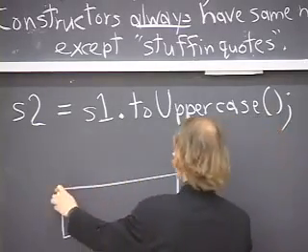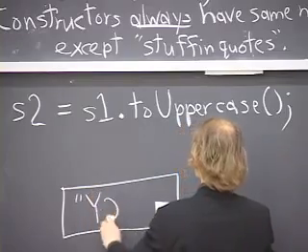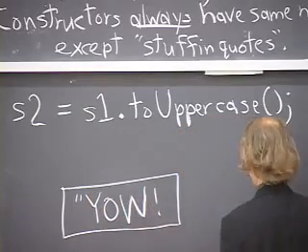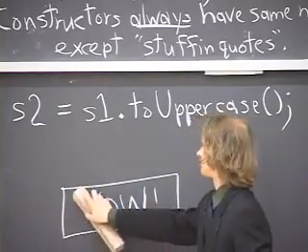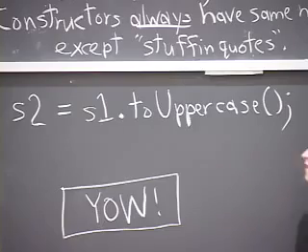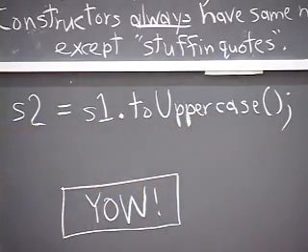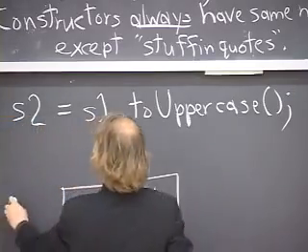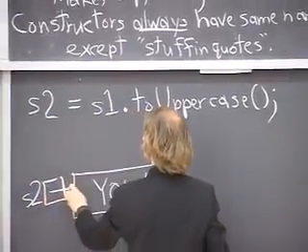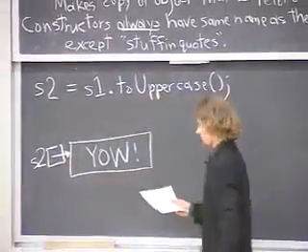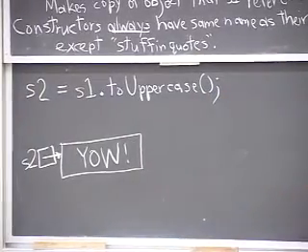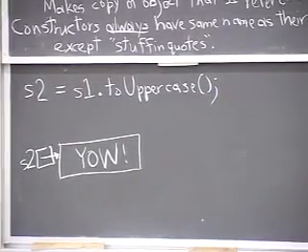So the toUpperCase method returns a string like this. And then the assignment statement, as usual, will erase the old value of S2, and now S2 points to this string instead. Question?